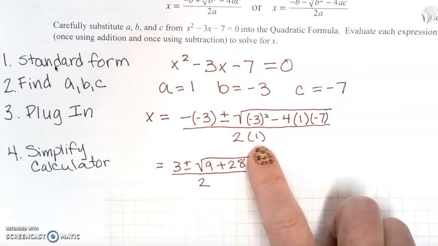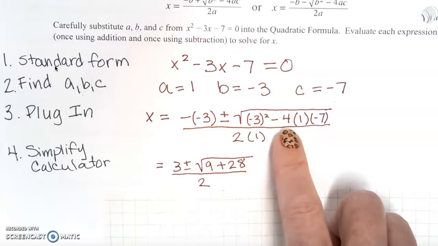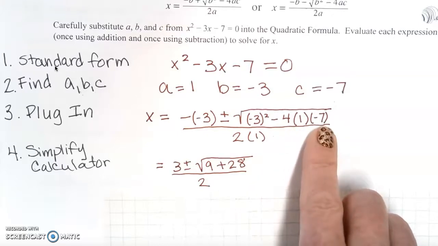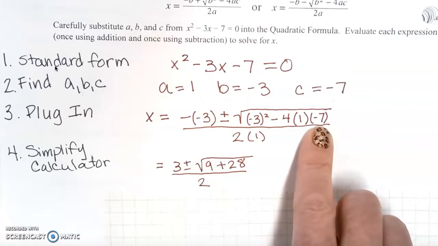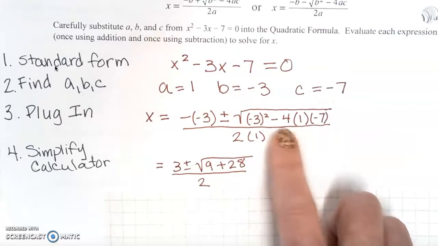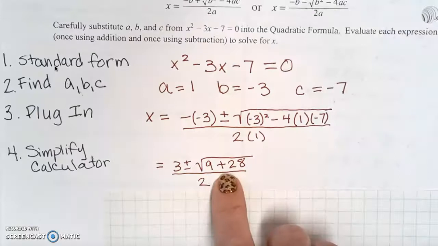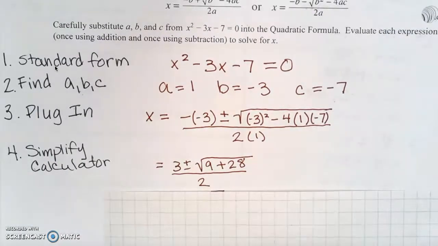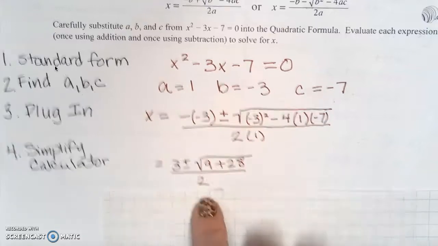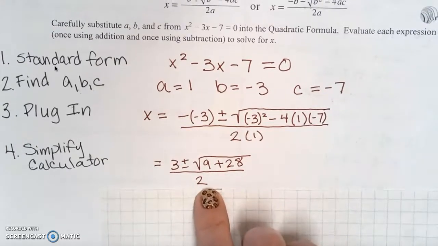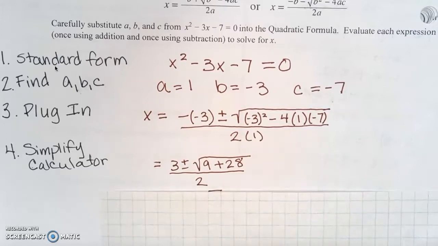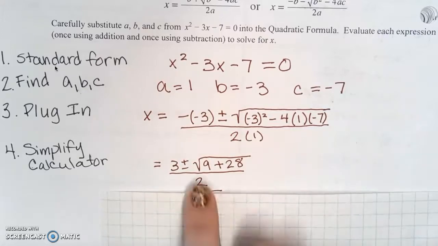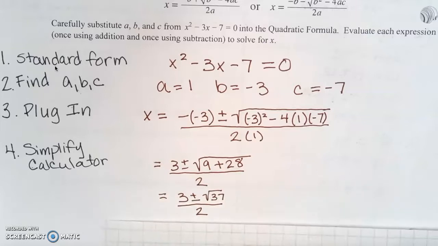So you'll take your calculator and you'll multiply 4 times 1 times negative 7, which is negative 28. But because we have minus negative 28, we actually need to say plus 28. Okay? And we're going to simplify the denominator. 2 times 1 is just 2. Okay? But sometimes you'll have a coefficient other than 1, and you'll get a larger number there. Okay? Now we can simplify a little bit more by adding the 9 and the 28 to get 37.